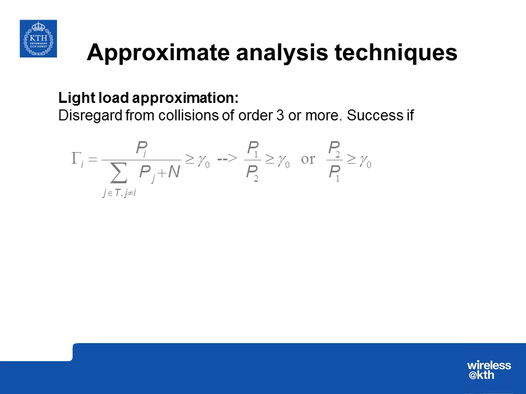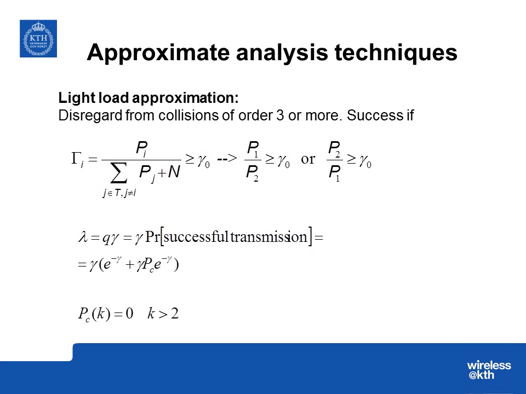In this case, we will have success in the following way. We can simplify the condition for our signal to interference plus noise ratio. If there are only two stations involved, we could have success either if P1 is larger than P2 by a factor of gamma naught, or the reverse. In this case, we also neglected the noise, assuming that the received powers are high.